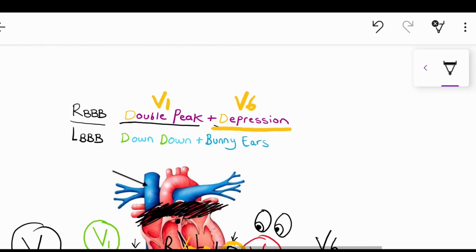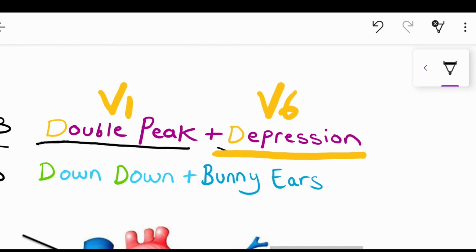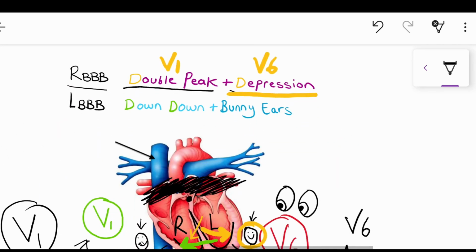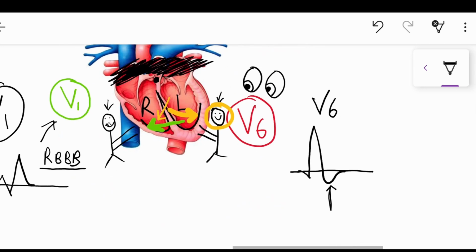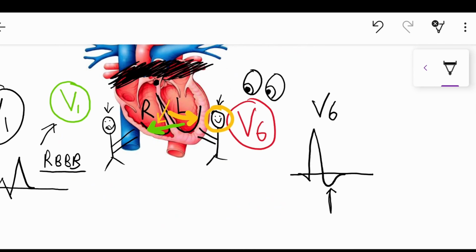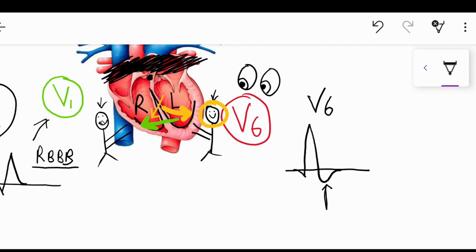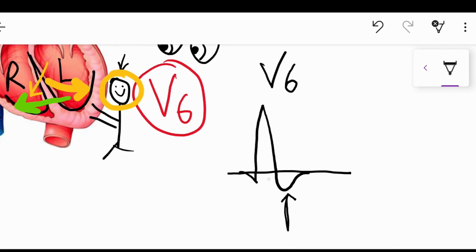Go back to our little wording here. Depression. Double peak and depression. V1, V6: V1 double peak, V6 depression for right bundle branch block. Okay. So you get this little depression here through the septal depolarization.